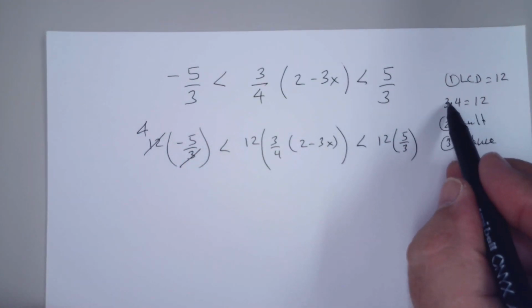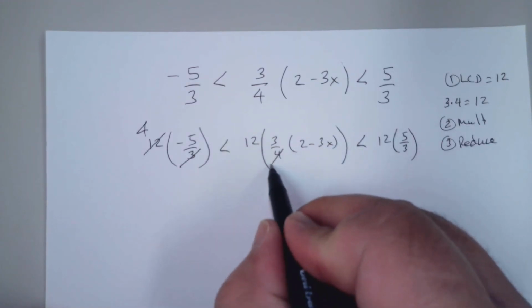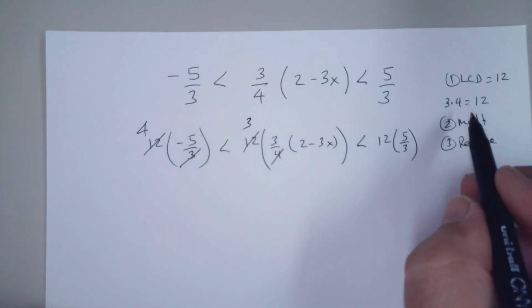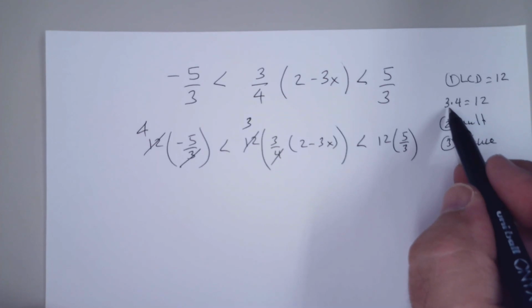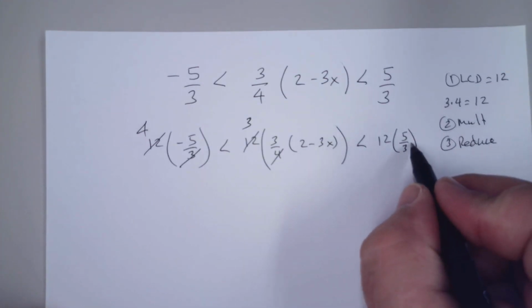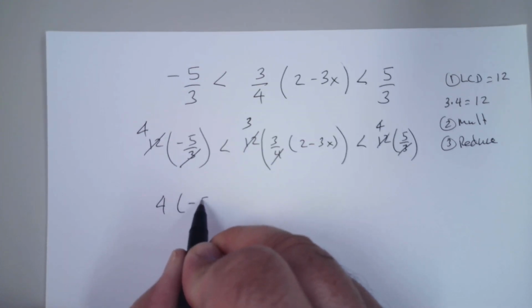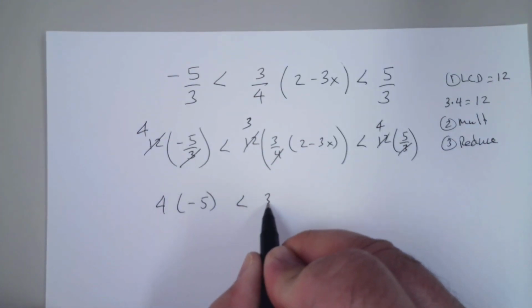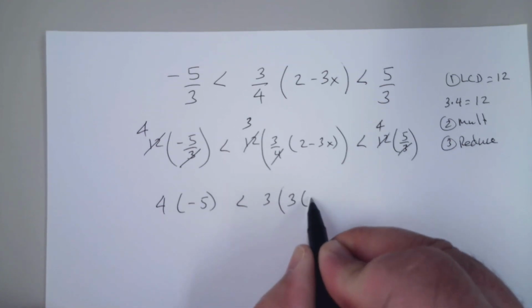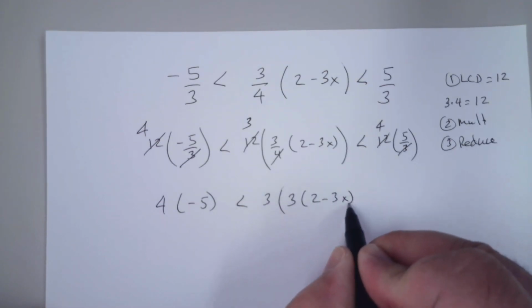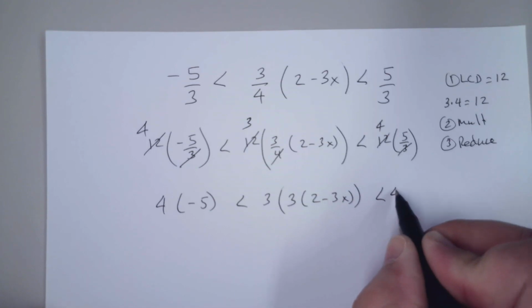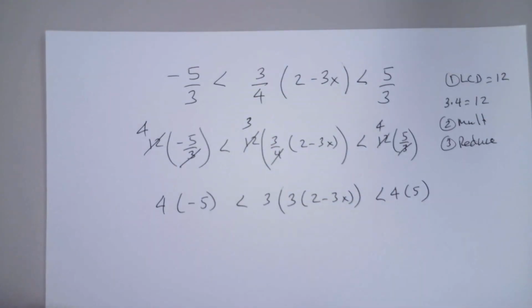Again, if you get rid of 3, there's 4 left. 4 goes into 12 3 times. If you get rid of 4, you have a 3 left. And last one. 4 times negative 5, 3 times 3 times 2 minus 3x, 4 times 5.